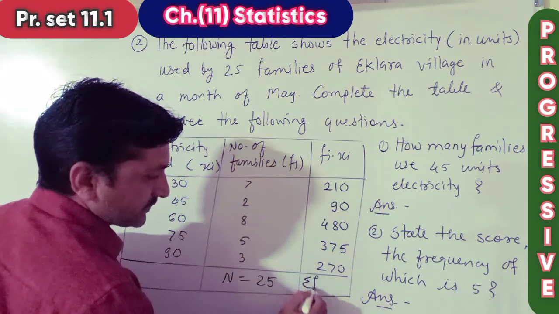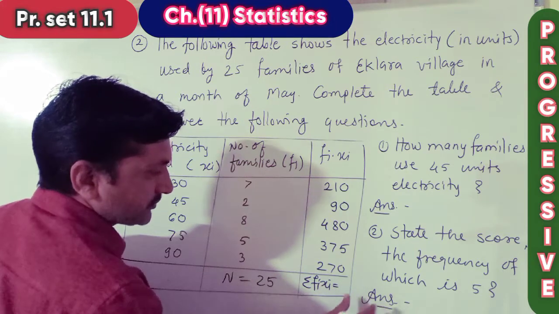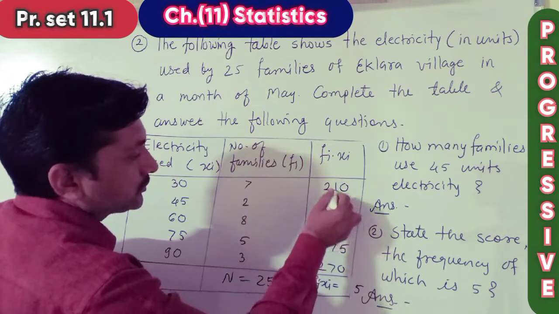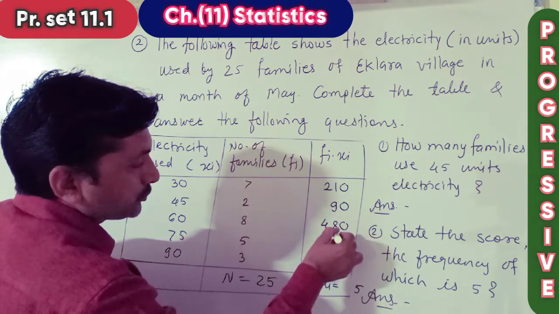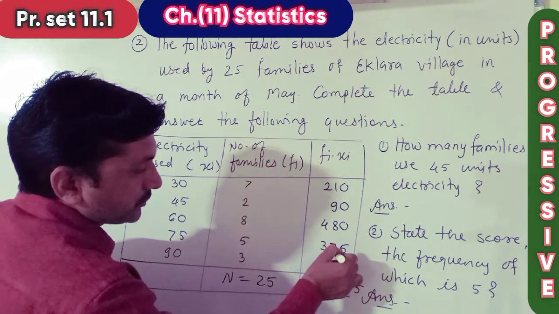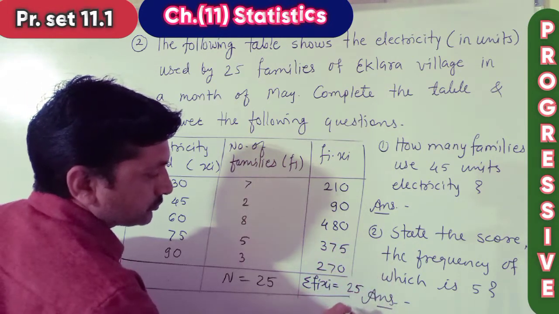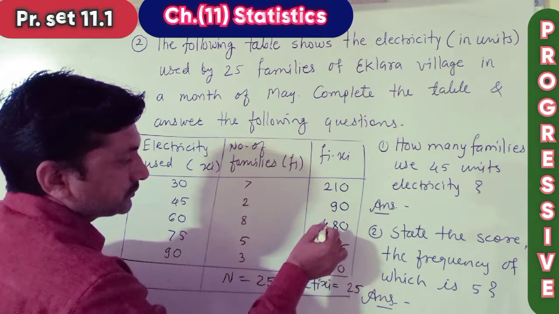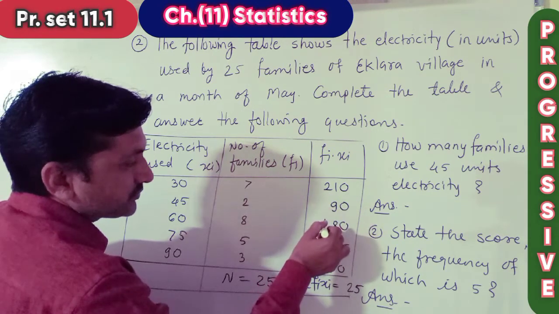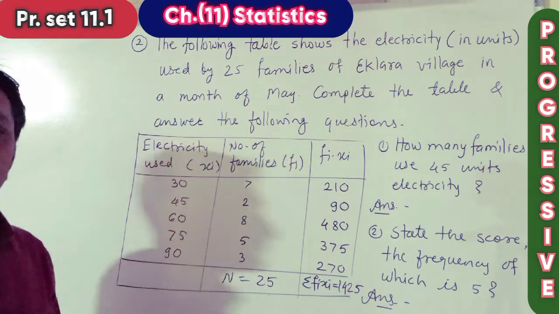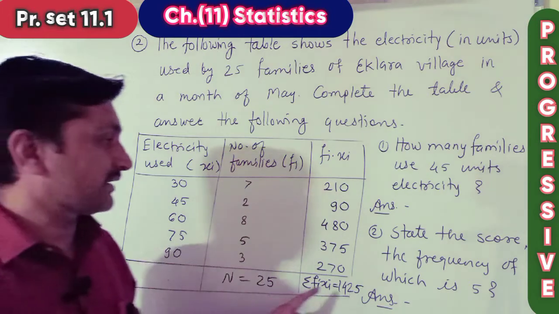Sum of fi xi is equal to, now here 5, 10, 20, 25, 30, 32, 3 carried over, 5, 8, 8 plus 2 is 10, 10 plus 4 is 14, 1 4 2 5. This is the sum of fi xi.